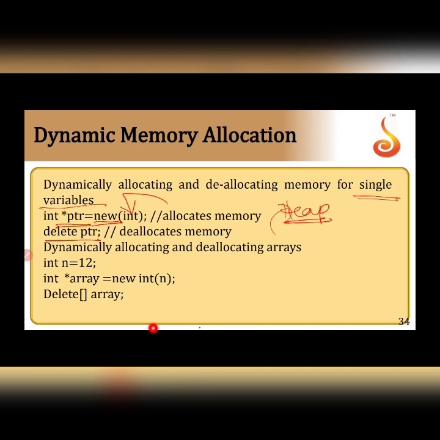So similarly, dynamically allocating and deallocating, this is for a single variable, and this is for arrays, that is, a collection of elements. How do I do that? If it's a normal array, I cannot say, for example, int arr[n]. It will not allow me because it's a static allocation.